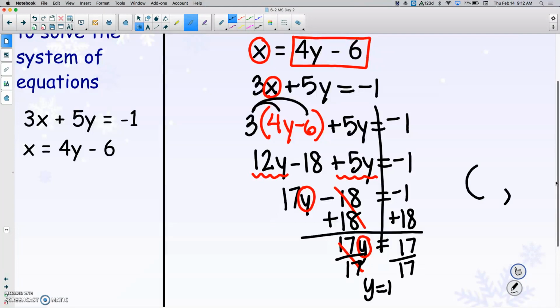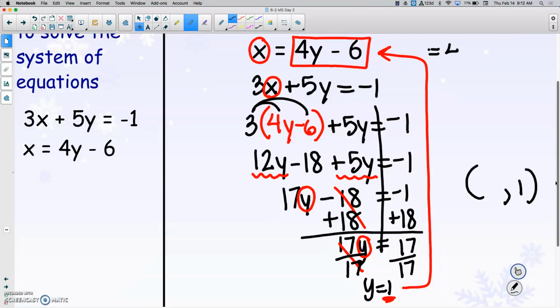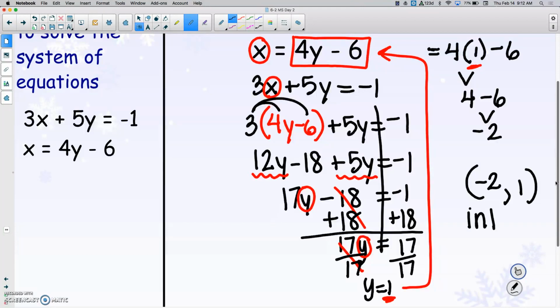So the y-coordinate is 1. Bring that y-coordinate back up to the rectangle. X equals 4 times y, and y is 1 this time, minus 6. 4 times 1 is 4, minus 6 is negative 2. So negative 2, 1, and again, they're intersecting. That is the one solution. Negative 2, 1.